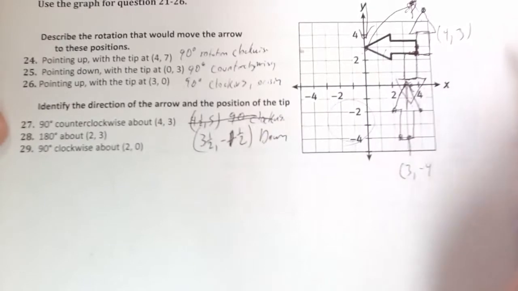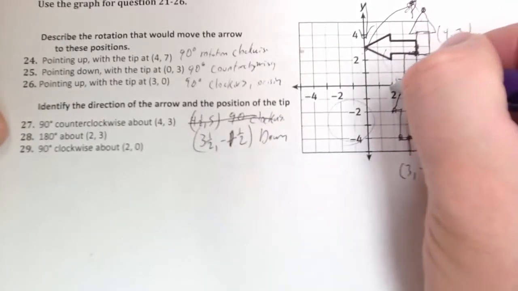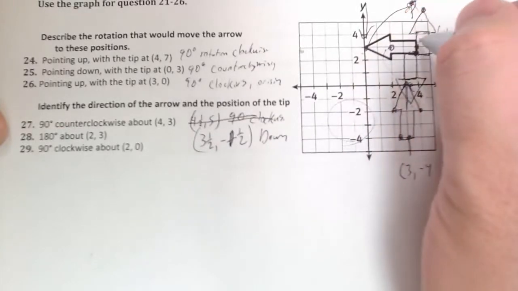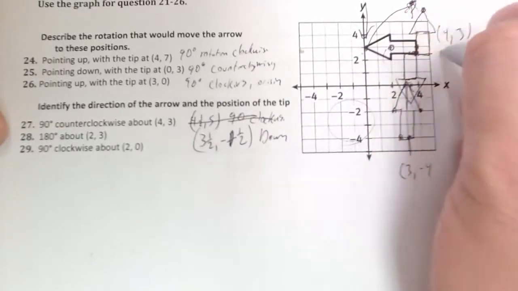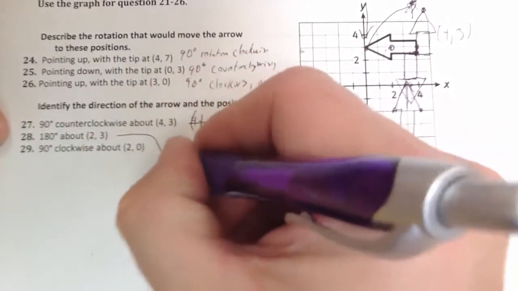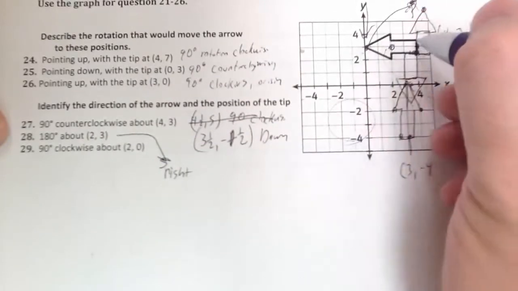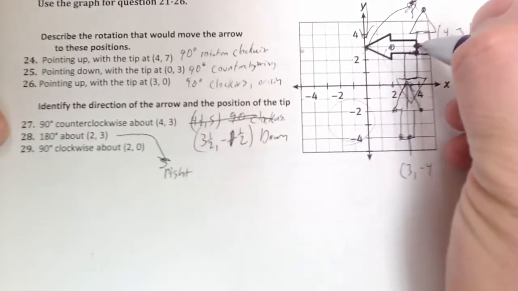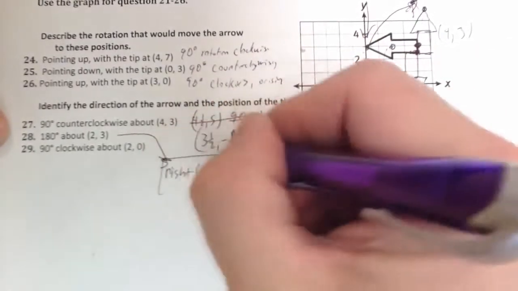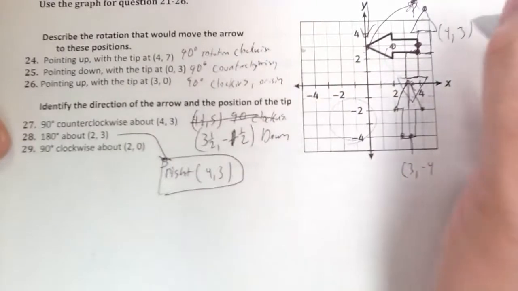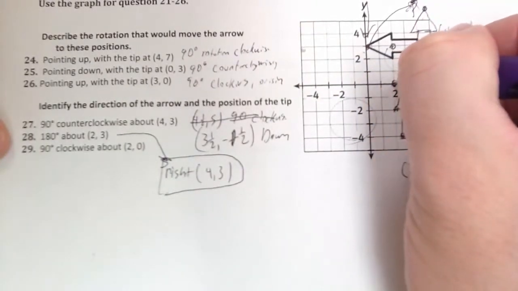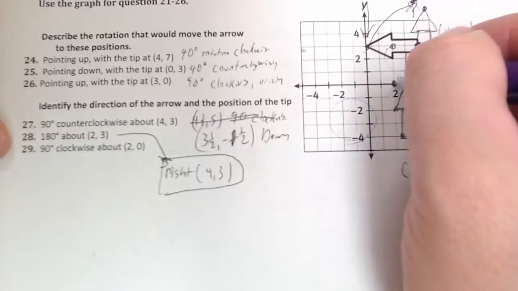All right, 180, about 2, 3. So 2, 3, 180. It's going to spin the arrow in the opposite direction, so it's pointing to the right. And the tip would be at about 4, 3. Next, 90-degree clockwise, about 2, 0.